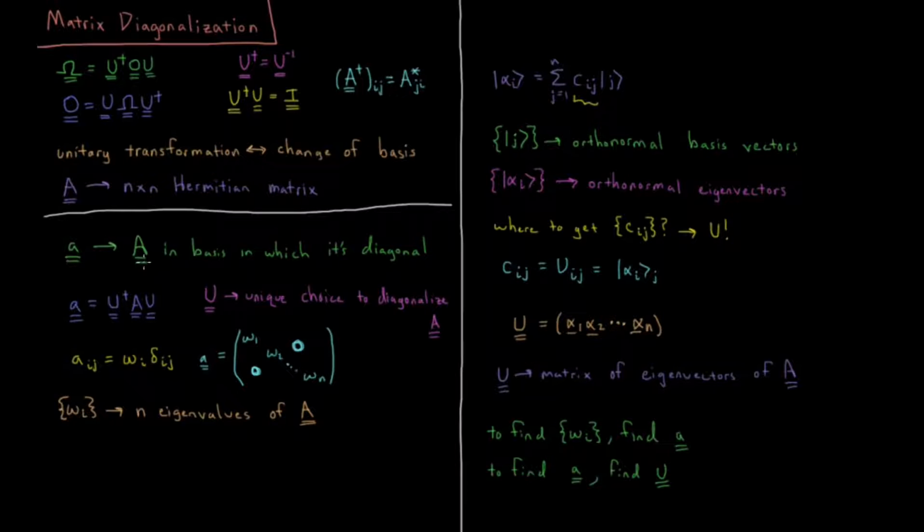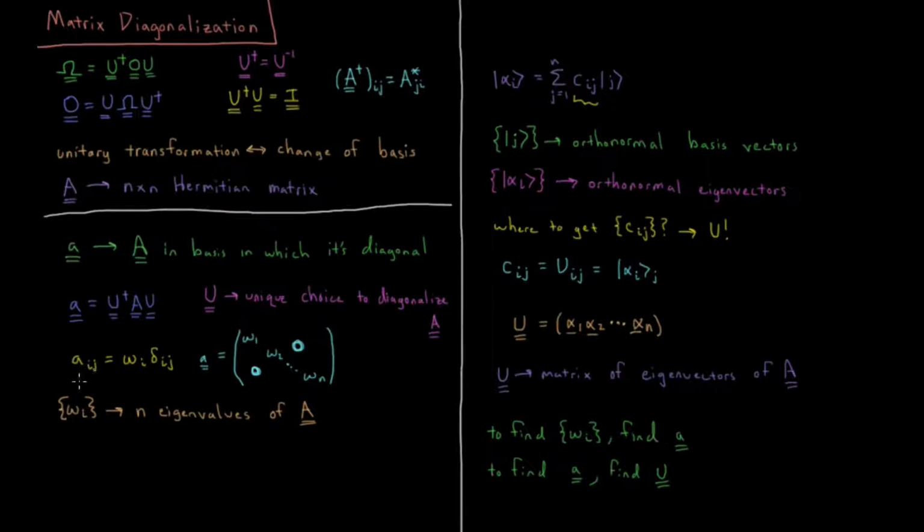Okay, so we know that A is Hermitian, and Hermitian matrices can be diagonalized according to some unitary transformation, but this U is a unique choice of basis set such that we are going to represent A in a diagonal form. So a diagonal matrix is a matrix which has 0 anywhere off of the diagonal where i equals j. So for an n by n matrix, you have n elements along the diagonal, and then everything else is 0, as represented by these bold zeros on the outside.